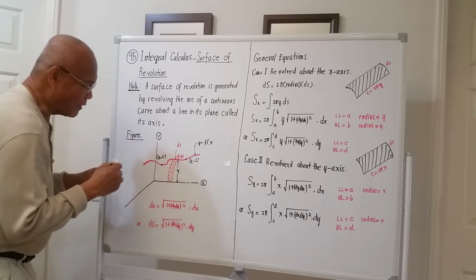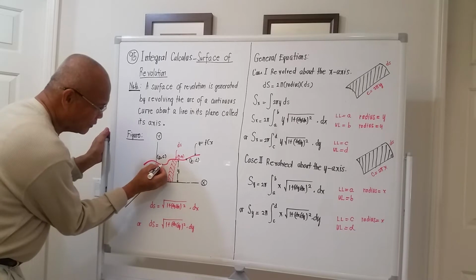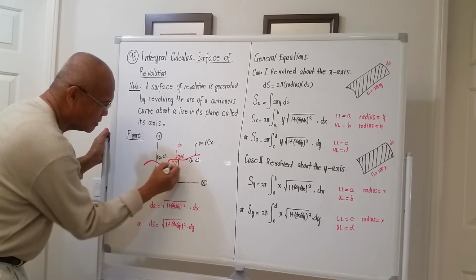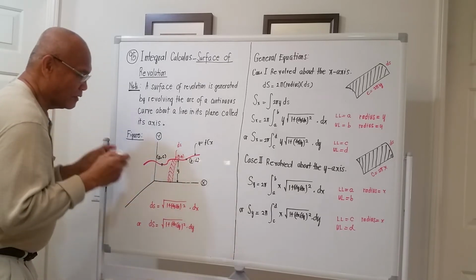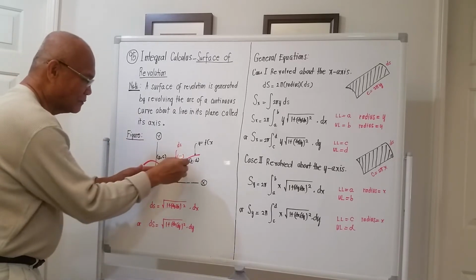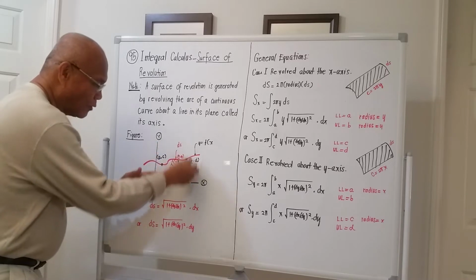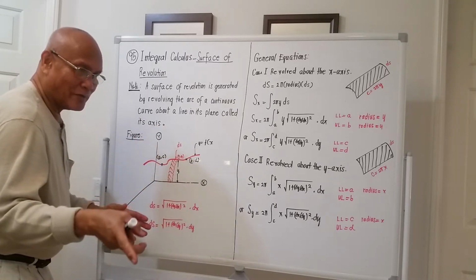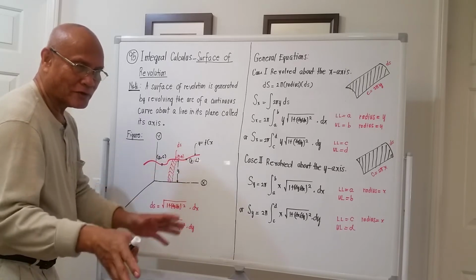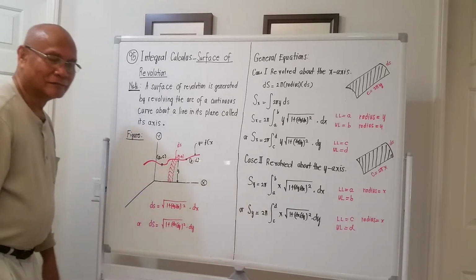We call it length of arc. From this point here up to this, it is a curve, termed as arc. Then if we try to rotate this arc for the meantime, one complete revolution with respect to the x-axis, the problem is, what will be the total surface area generated?